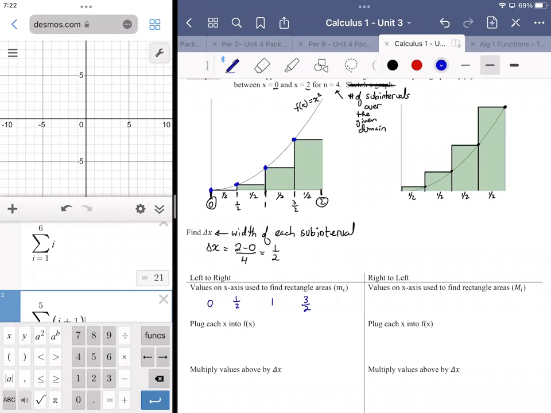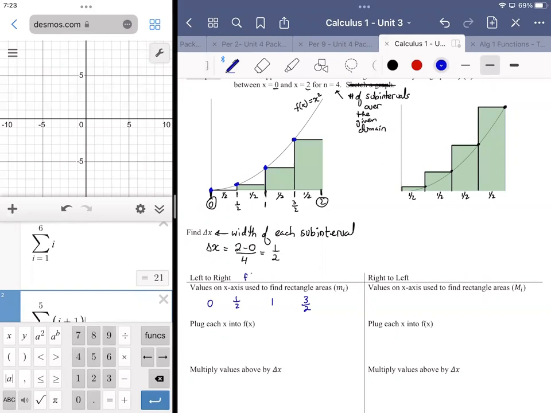I tried to think of a way to step us through this process, but really, it's just going to boil down to finding the width and the height for each one of these rectangles and multiplying. Base times height. So when I say plug each into f of x, f of x is equal to x squared.